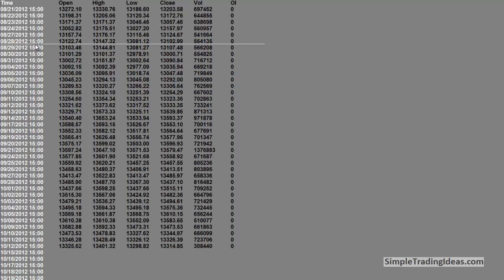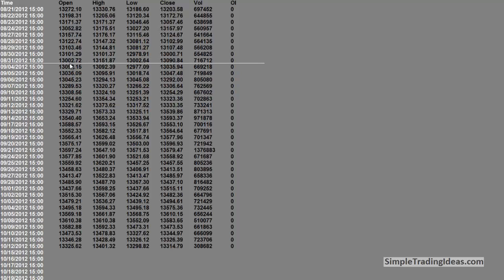As you can see, we go through and you see the prices changing. The open in this instance being higher than the close would indicate a down day.